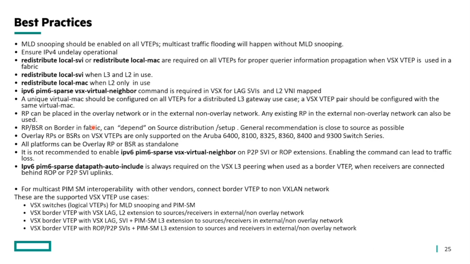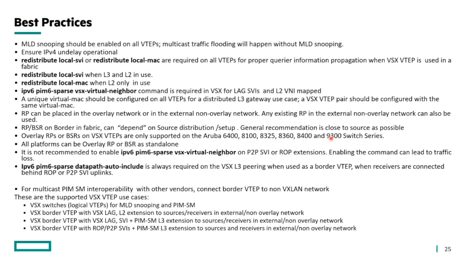Now, in terms of where you put the RP and BSR in a fabric, that can depend. There's no real hard and fast answer, and it depends on where your source and distribution is set up. The general recommendation is to put the RP and BSR as close to the source as possible, but in practical terms, if you have distributed sources, then you have to think about the best placement unique to your own setup.